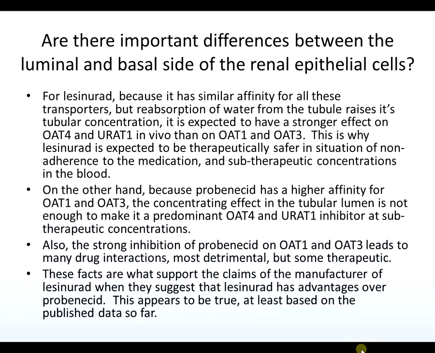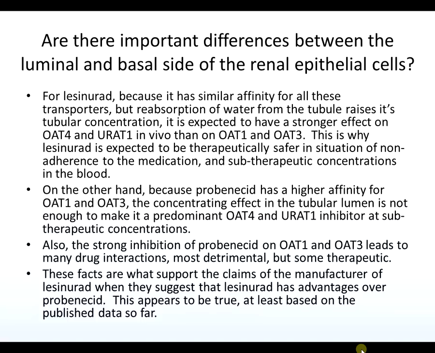So actually there'll be a stronger effect on OAT4 and Urate 1 than there will be on OAT1 and OAT3, because again, on the basolateral side, that drug is stuck on albumin. And not only is it stuck on albumin, that's the main reason, but it's even got a higher protein binding than Probenecid does.